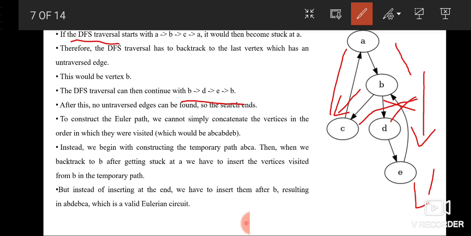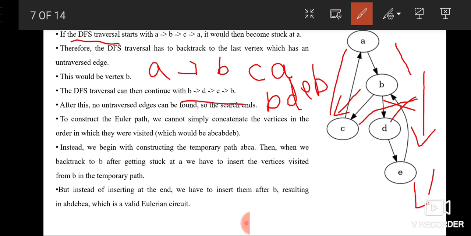To construct the Euler path, you cannot simply concatenate the vertices in the order in which they were visited. That is, you cannot merge like this: A, B, C, A, then B, D, E, B. This is wrong.